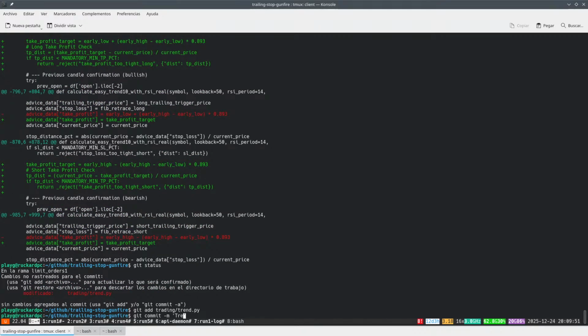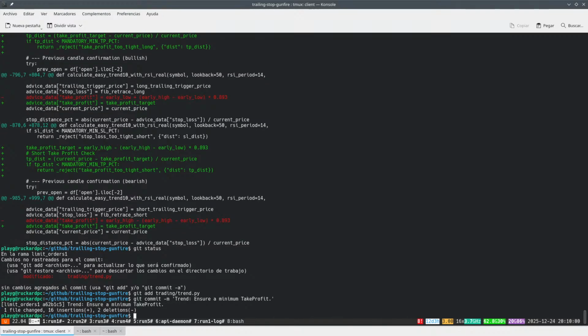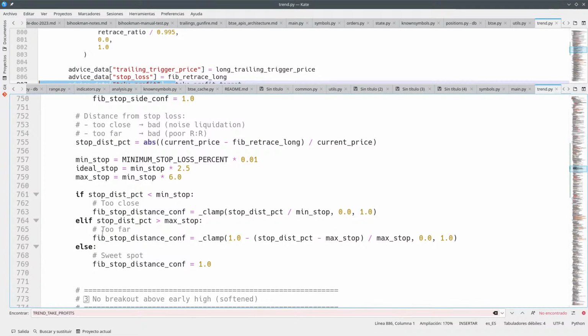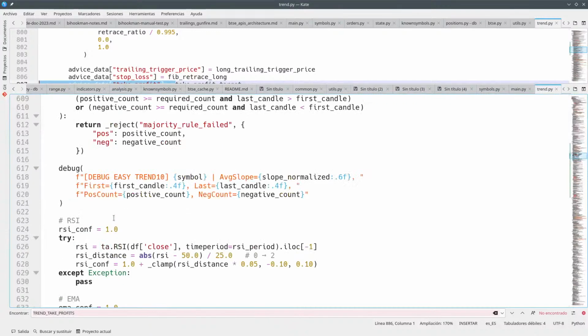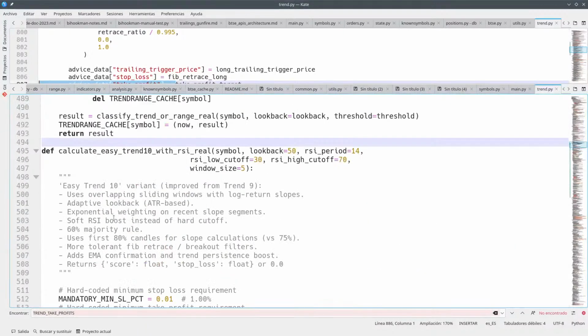So ensure minimum take profit. Okay, and now we're going to just ask for 50%, and that's it.